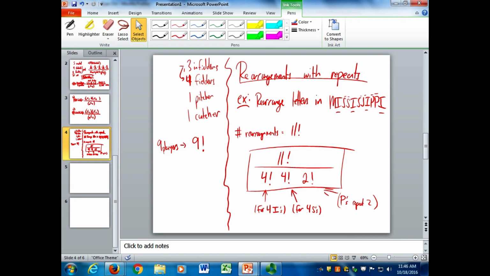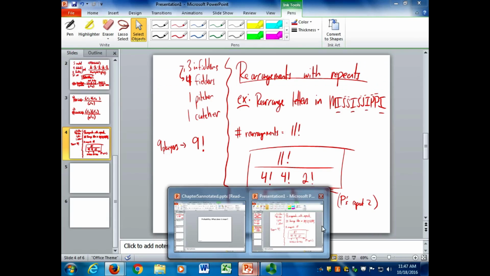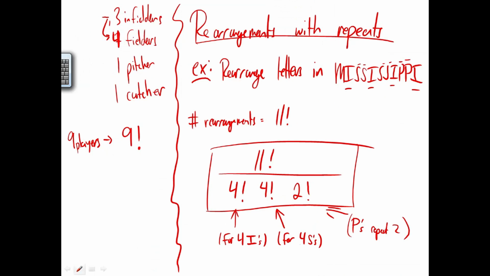Okay, let me go back to the problem just to check. 3 outfielders, 4 infielders. Assume that the outfielders and infielders are indistinguishable. So treat all the outfielders the same, treat all the infielders the same. Assume they have similar batting performances. Then what they're going for is this would be how many ways you could rearrange them before, but they're saying treat the infielders like repeats, like you can swap them out and it doesn't have much effect on the order.